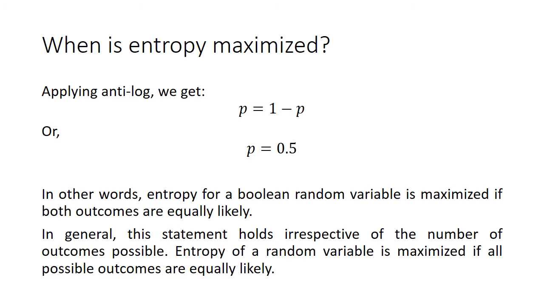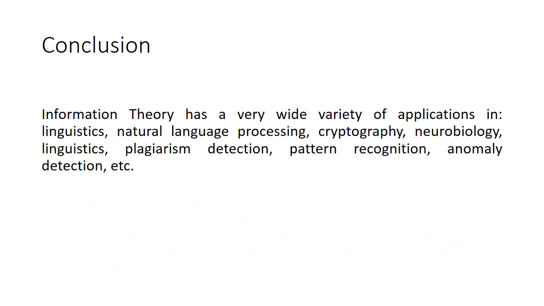You know more often than not that the event with a probability of 0.99 is what's going to happen, and therefore the information that you gain based on the outcome is most of the time very, very low. So the entropy is maximized when there is a uniform distribution, when the probability is equally likely for all the possible outcomes.